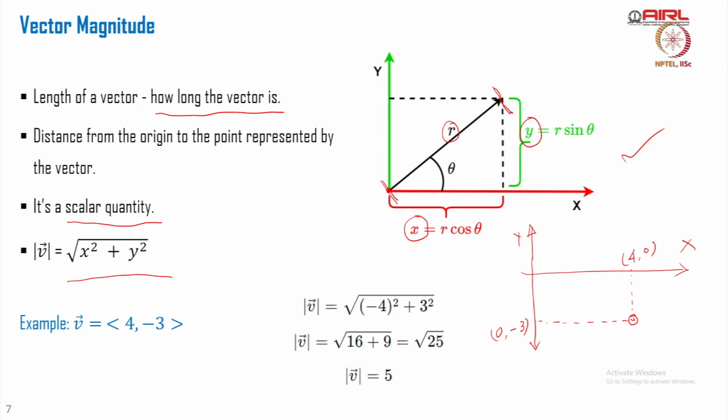Now if we want to see what the length is, this particular length is 4 and this particular length is 3, so 4 square plus 3 square, which is equal to 5 square. Then the length or magnitude of the vector is the square root of this, that means the square root of 5 square, equal to 5. So in this particular scenario, we can write that the vector v has a length or magnitude of 5.